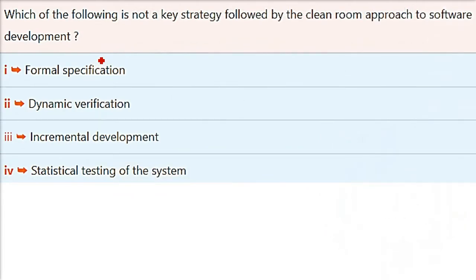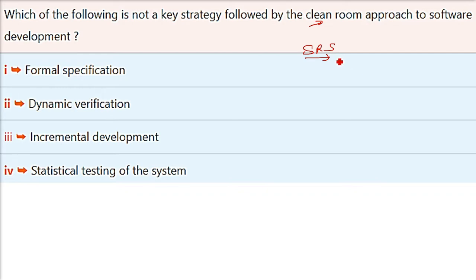Which of the following is not a key strategy followed by the clean room approach to software development? Now, clean room is really like a clean room. There is no dust. That means when you make the SRS, it can be validated mathematically, algebraically and by other means.